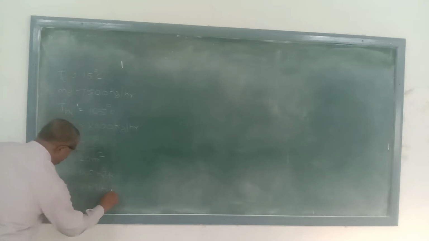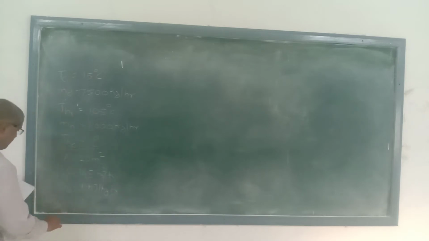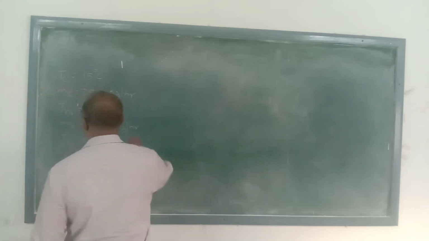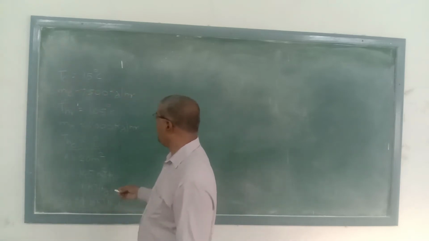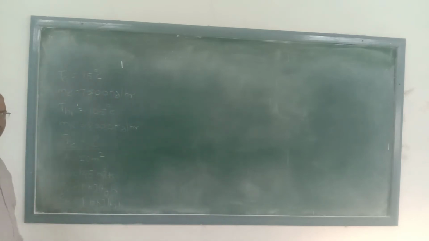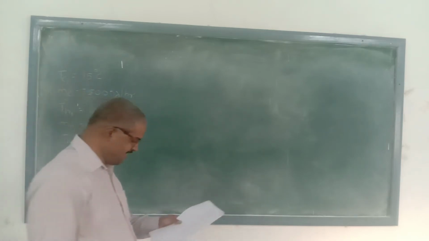CpH because air is hot, and Cp of air they have mentioned 1 kilojoule per kg Kelvin, and CpC they have mentioned 4.18 kilojoule per kg Kelvin. So all these things they have mentioned and they are asking you to find the hot air exit temperature.